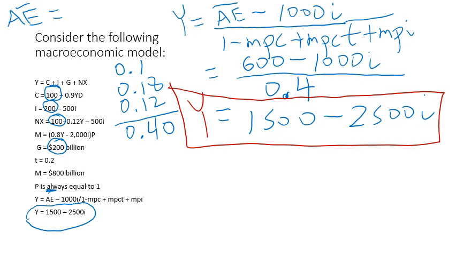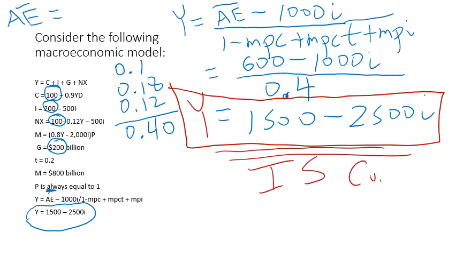GDP, or national income, is equal to 1,500 minus 2,500i. This equation, it not only represents the goods and services market, this equation is also the equation for the IS curve. But I'll have a lot more to say about it later. All right. So that's how we got the answer.